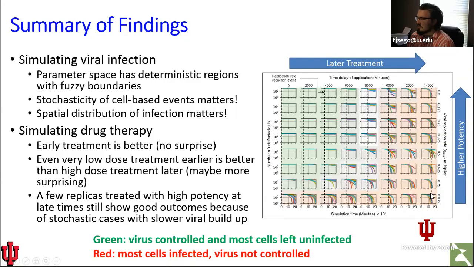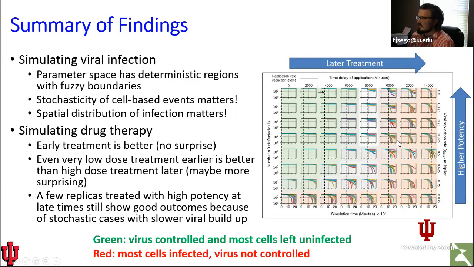You see this sort of similarity between this parameter sweep and the previous one. We can also identify these regions of certain outcomes, whether good outcomes to the top left or bad outcomes to the bottom right. And then again in between, we find these regions of uncertainty, these fuzzy boundaries, where we can take the same parameter set, the same initial conditions, and simulate multiple times and get different outcomes.